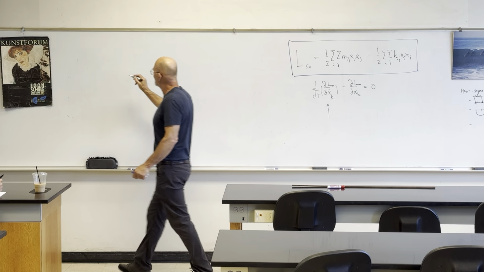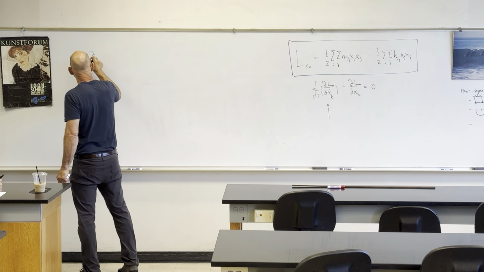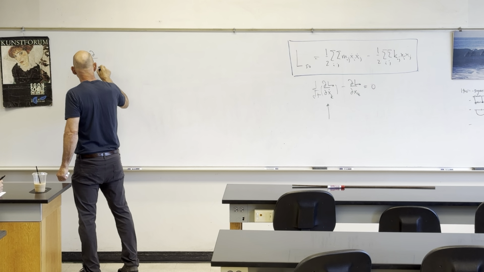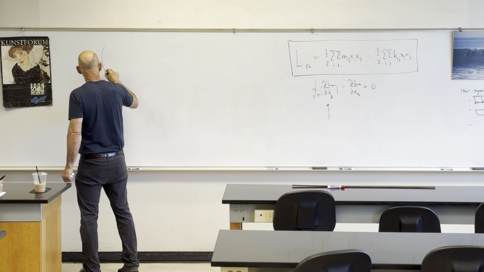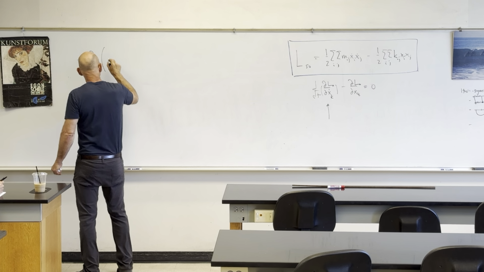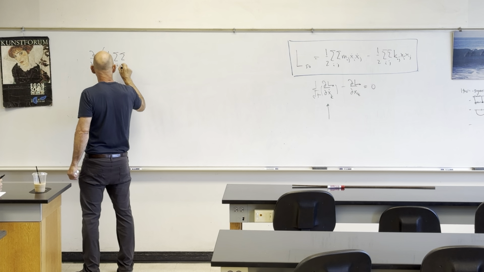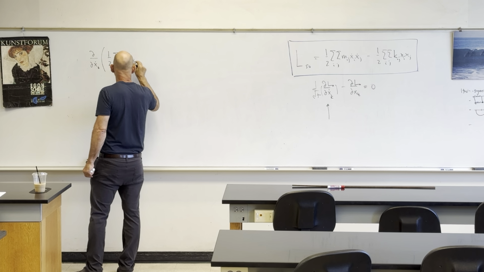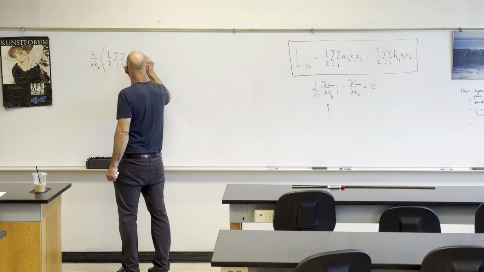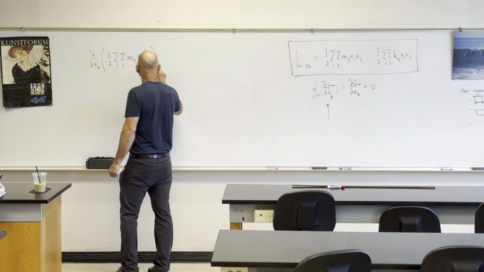So we have d over dxk dot of this expression, 1/2 double sum ij mij xi dot xj dot.